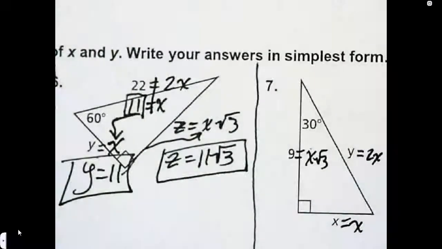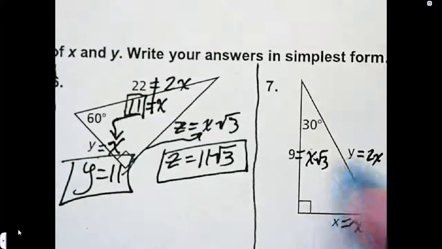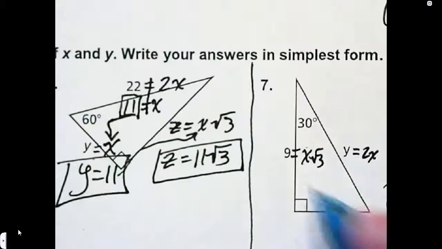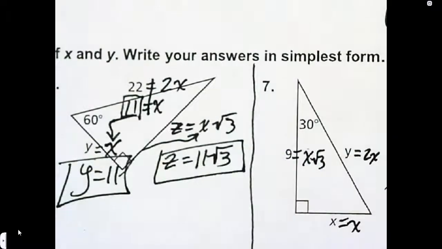Okay. Which of those three equations can we solve? Person number 26. 9 equals x root 3, and what does that equal? Everyone agree? 3 root 3? Yes.